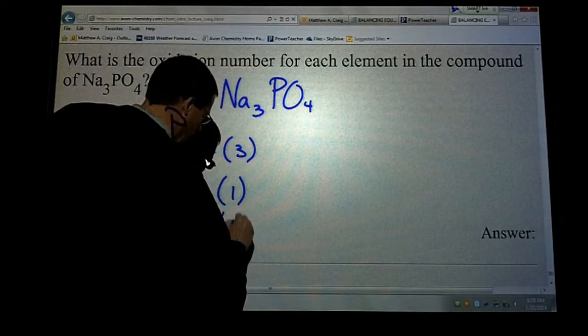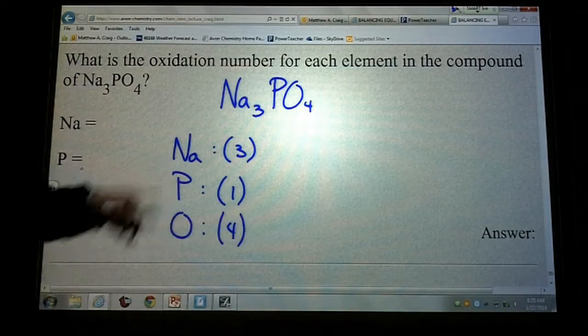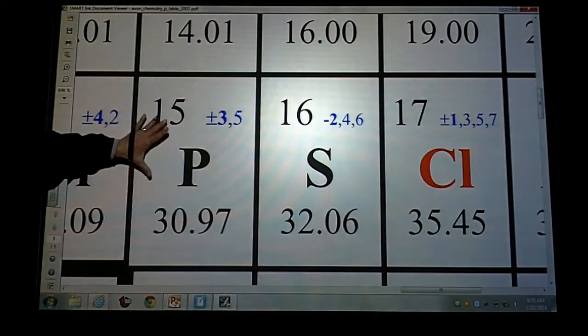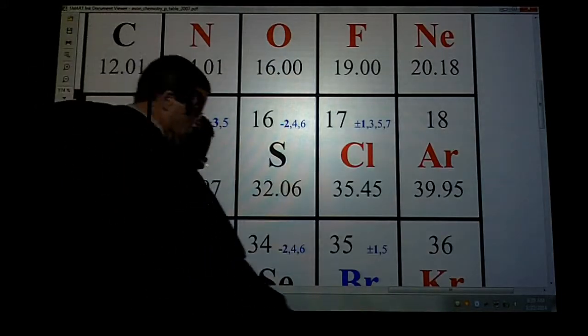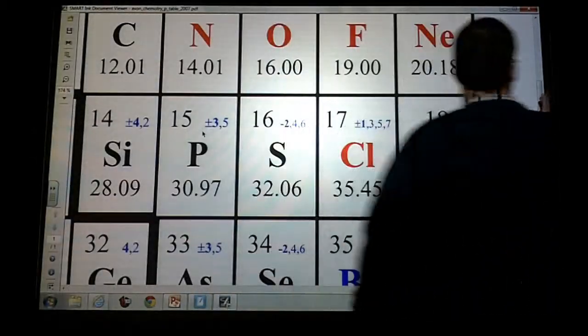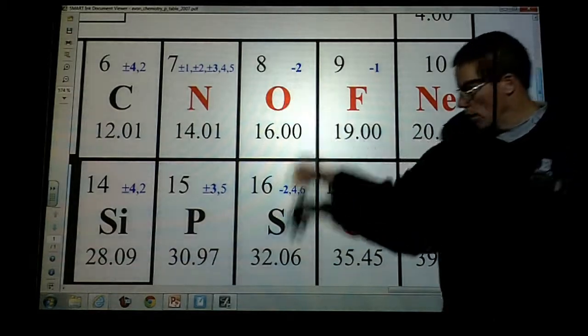4. Okay. Now what's nice about some of these elements is that they're always the same charge. Okay. So when we look at oxygen, what's the charge on oxygen every single time? -2.